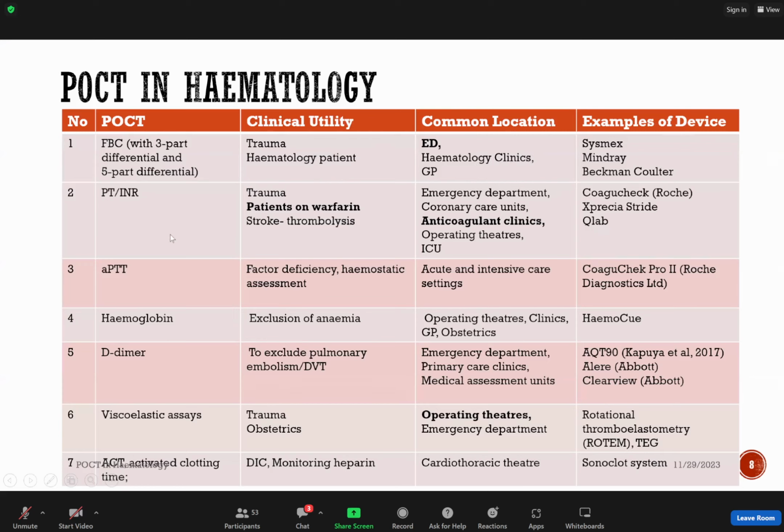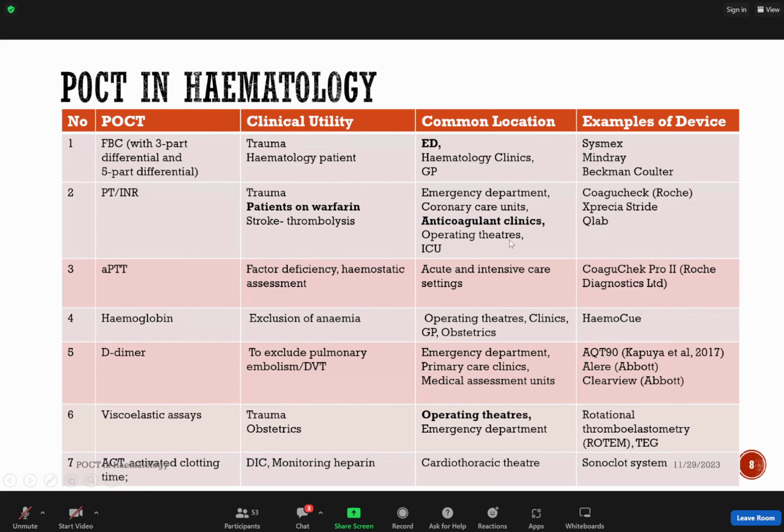Okay. Next, for PT-INR, the clinical utility is for trauma patients on warfarin or stroke and thrombolysis. And for our practice, as far as I'm concerned, so far we use it in the hospital for patients at the INR clinic, to monitor patients on warfarin.